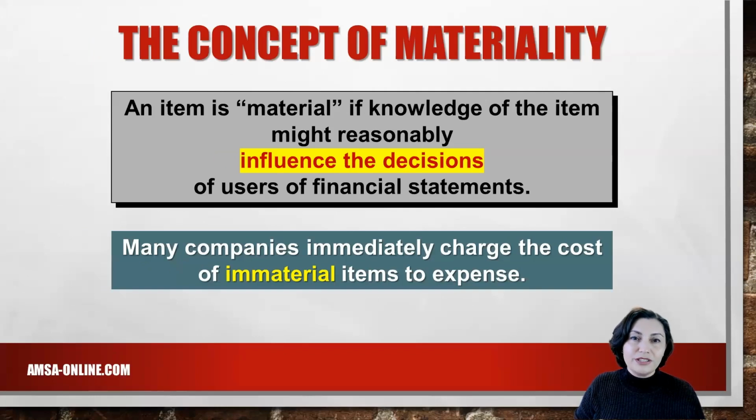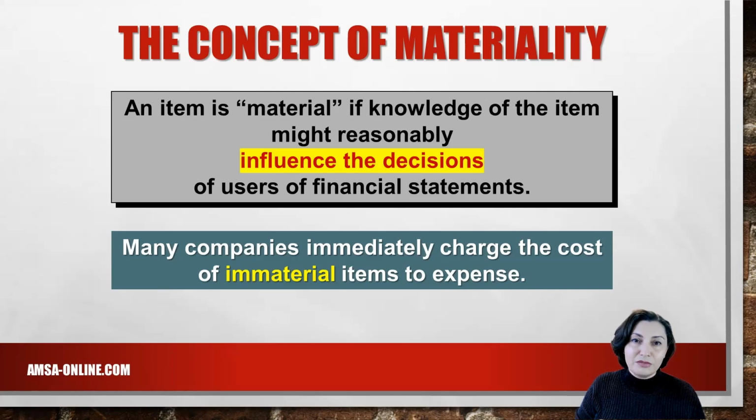Generally, accountants are most concerned about amounts that are determined to be material in nature. An amount is considered material if it may influence the decision of an informed user of financial information. When amounts involved are not material, many companies have established a policy of expensing the amount immediately.